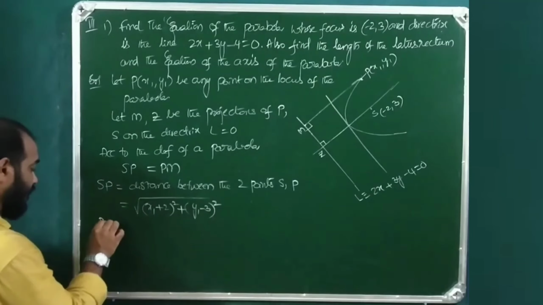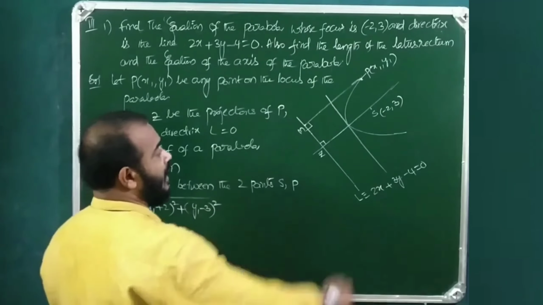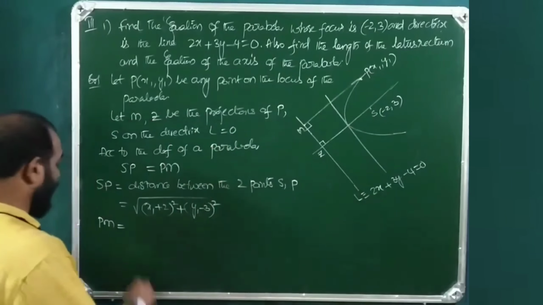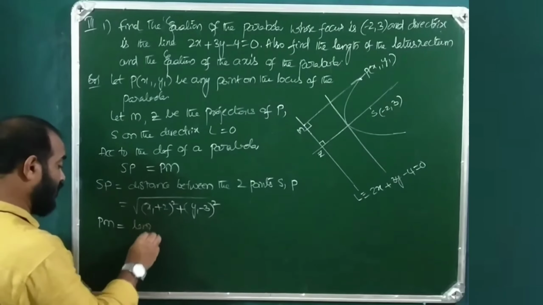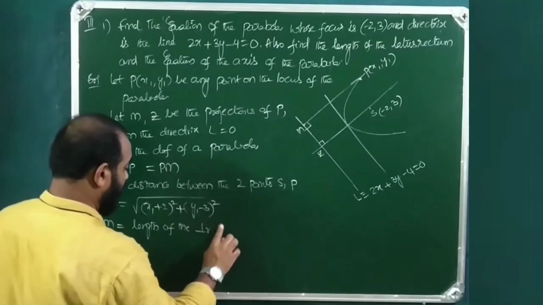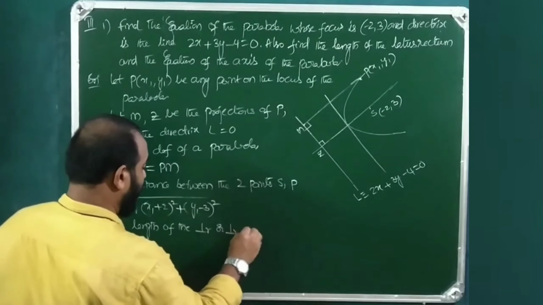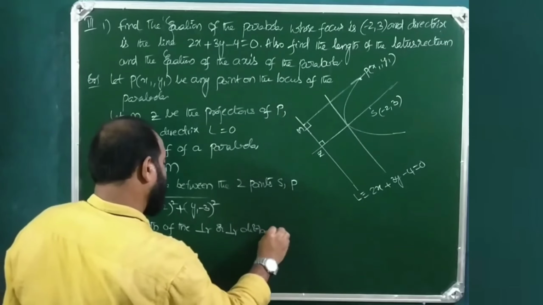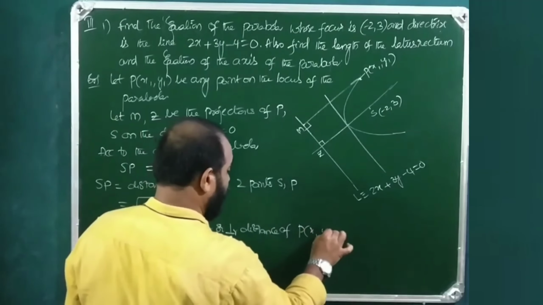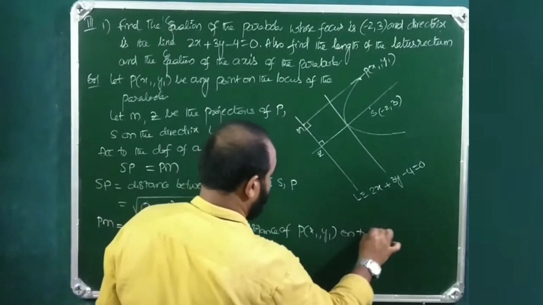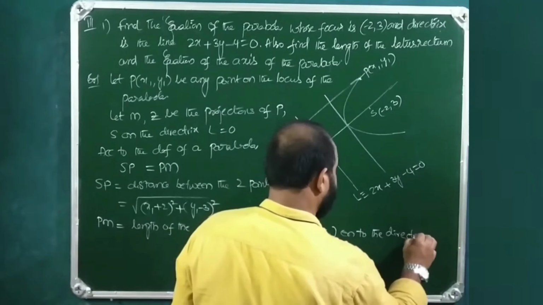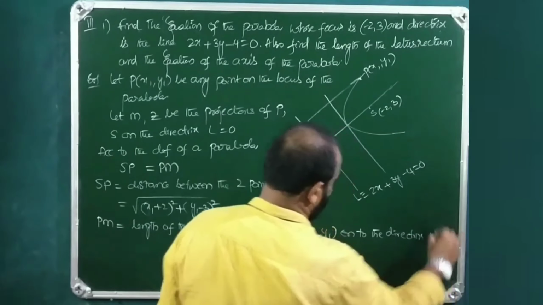And what is PM? PM is the length of the perpendicular distance of P(x1, y1) onto the directrix, which is the line 2x + 3y - 4 = 0.